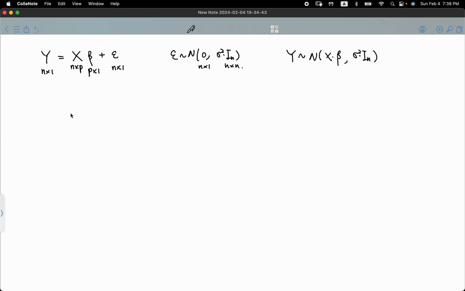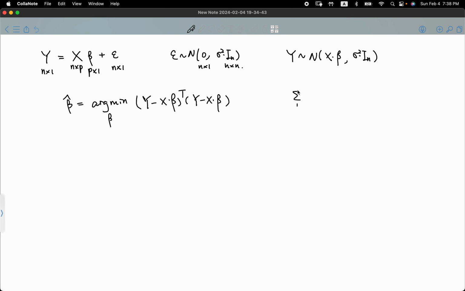Now we are interested in estimating the beta. Let's denote it as beta hat. We are going to find the beta by solving an optimization problem. Here, denote y minus X beta as the error or the residual between our predicted value and the true value, and then we also need to take the square.